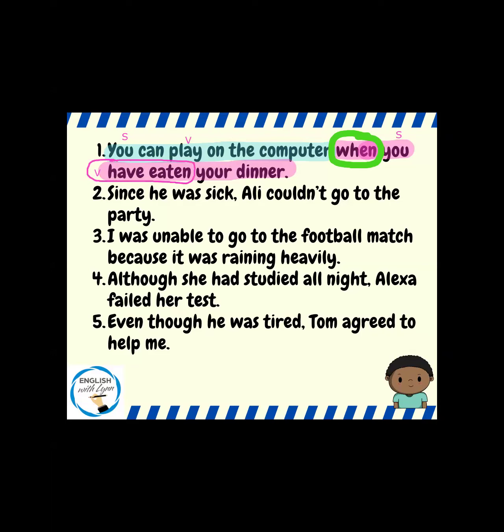Now, the next one, the way that it is structured is slightly different because if I am looking at this and I'm searching for my conjunction, usually I look kind of in the middle of the sentence, but I'm looking in the middle of my sentence and I can't find my conjunction. So what is happening with this sentence number 2 is I have got, since he was sick, is my subordinate clause.